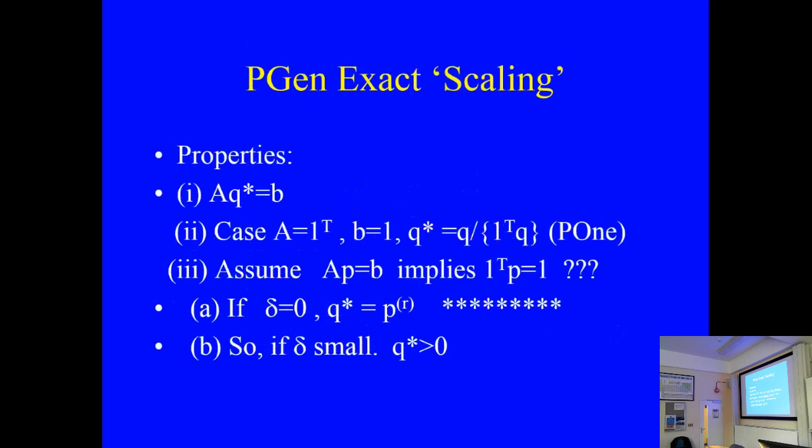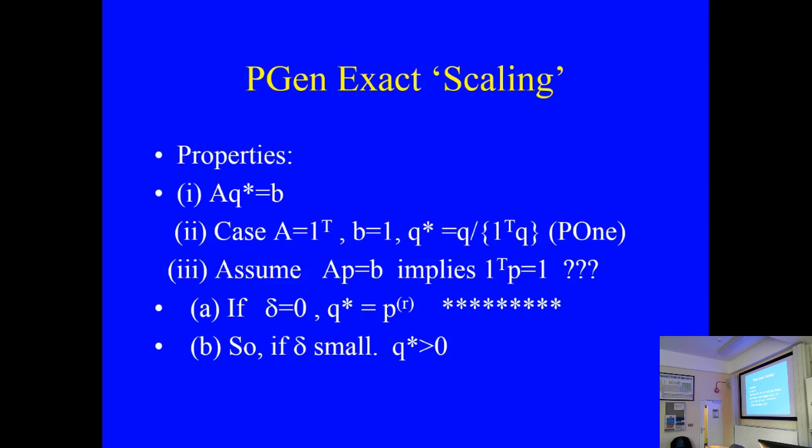And the key result is that this vector Q star satisfies the constraints AQ star equals B. In fact, if we go back to the first problem, our P1 problem, where A is the vector 1 transpose, B just a scalar 1, then in fact we get back to our scaling operation for column P1.